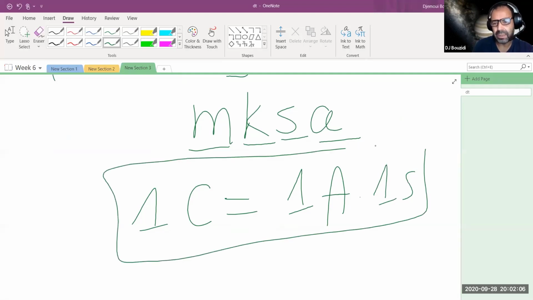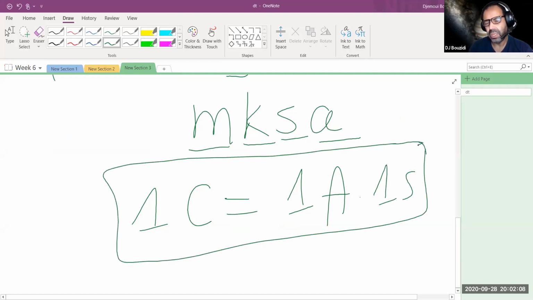That is the thing we've been working with so far, namely the coulomb charges, and sometimes even the electric field, which we said was in newtons per coulomb. And the energy, for example, which was in joules, the volt has to do with a coulomb also: how many joules per coulomb.